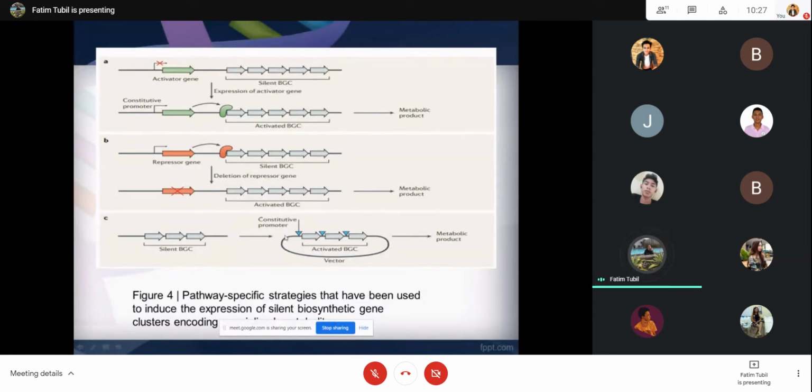The constitutive promoter is exchanged with the silent BGC promoter to activate the silent BGC. Then the vector, ma'am, for refactoring, is needed to handle large gene clusters. So a vector is used so that they are capable of carrying large gene clusters, ma'am.